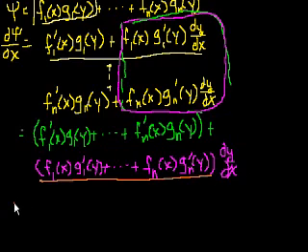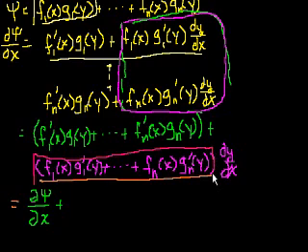So you could write this is equal to, I'll do this green, this green is the same thing as the partial of xi with respect to x plus, what's this purple? Let me do it in a magenta. This right here is the partial of xi with respect to y, and then times dy/dx.